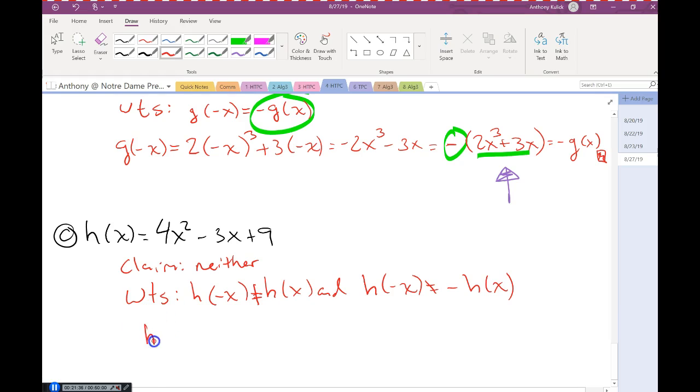So we'll start the same way. I'll start with h of negative x. I will substitute in negative x for all of my x's. If I simplify that, I get 4x squared plus 3x plus 9.